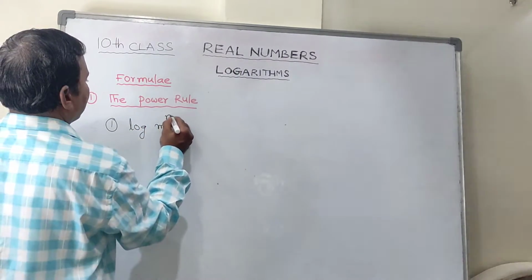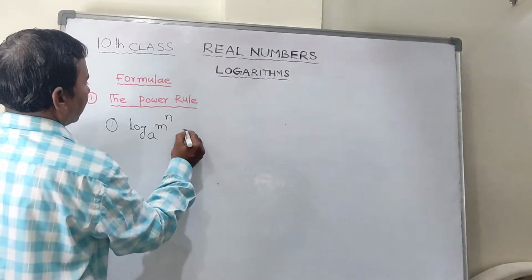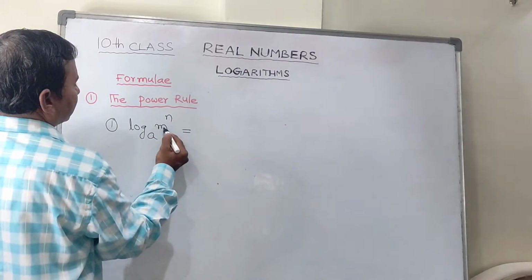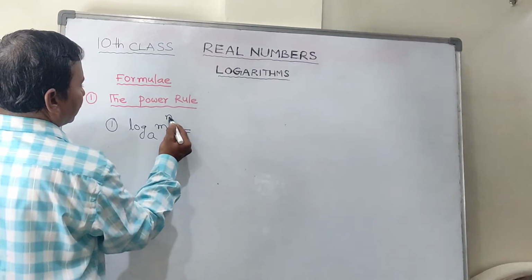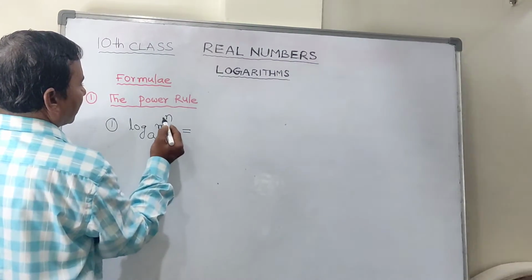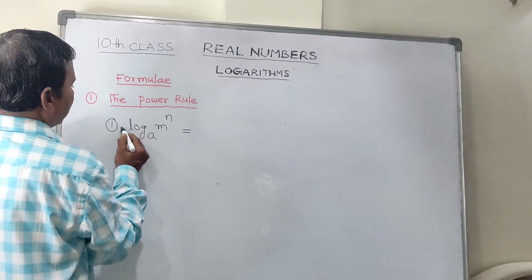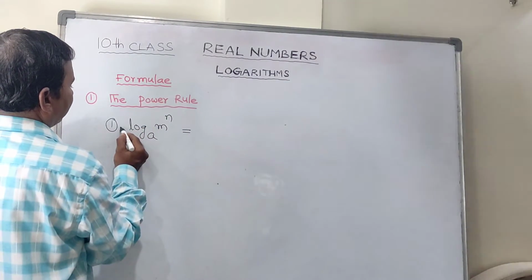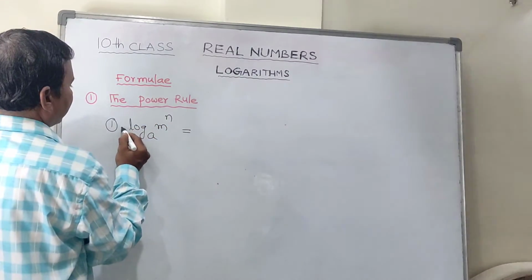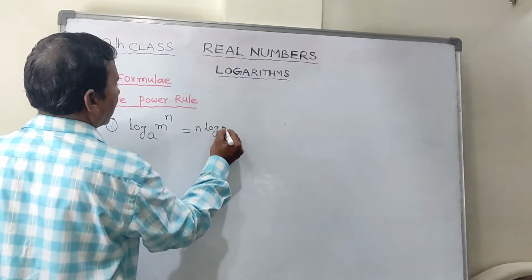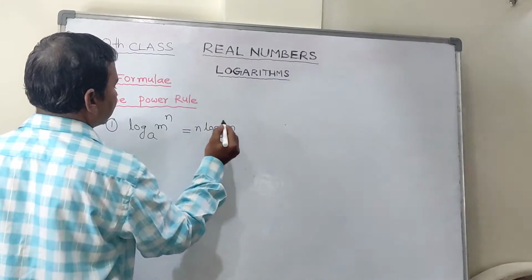Log m to the power of n to the base a: the topmost exponent becomes a multiplication of the front value, means n comes here, n log m to the base a.